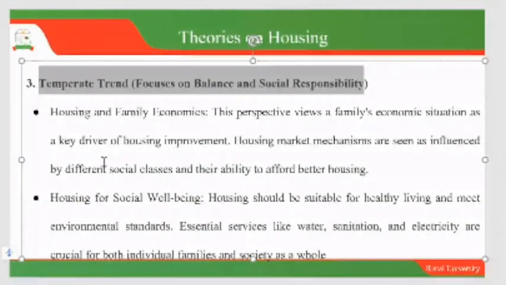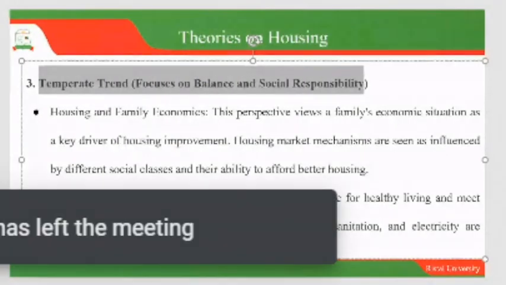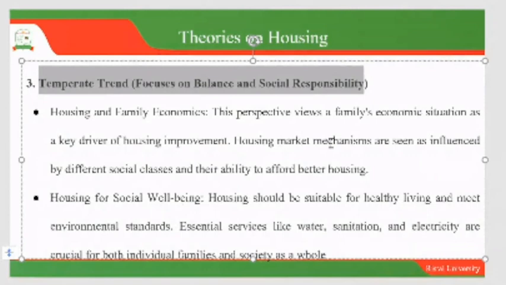That the level of income of an individual, or the family economics that it is referring to here, what are the income levels of the household or the family, and therefore the particular economic levels of that family or household determine whether they go into housing improvement or not.